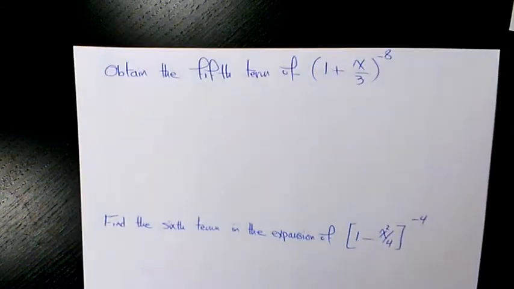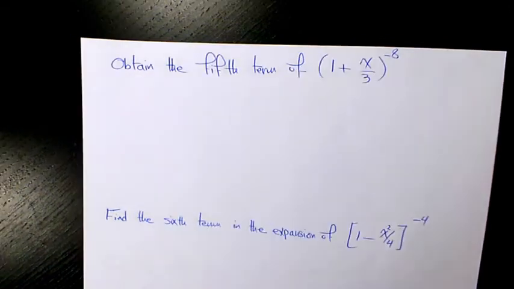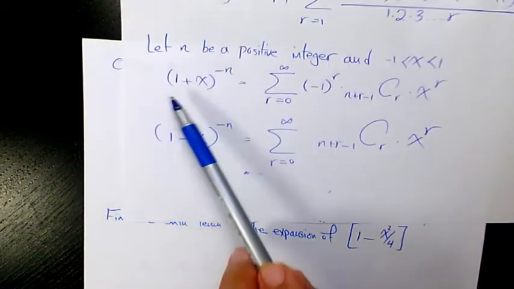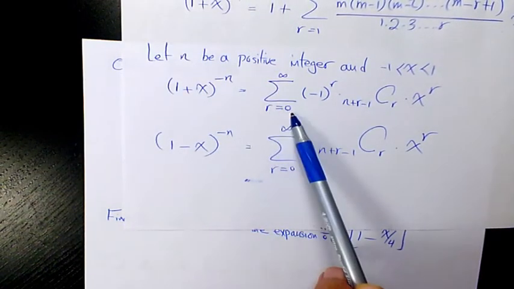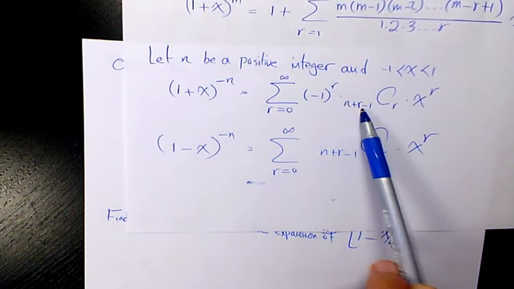The first one says obtain the fifth term of 1 plus x over 3 to the power of negative 8. If you compare it with the equation we had here, that's going to be very similar. 1 plus x to the power of negative n equals sigma r equals 0 to infinity of negative 1 to the power of r, n plus r minus 1 Cr times x to the power of r.